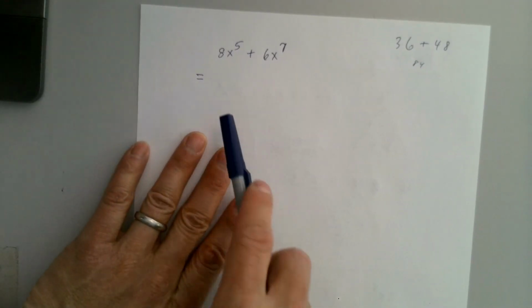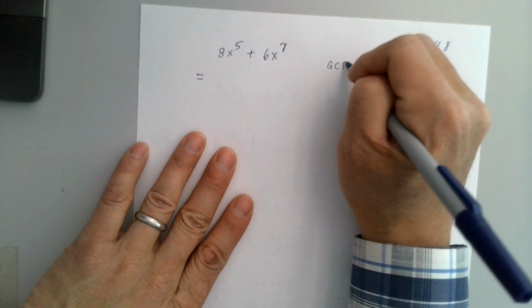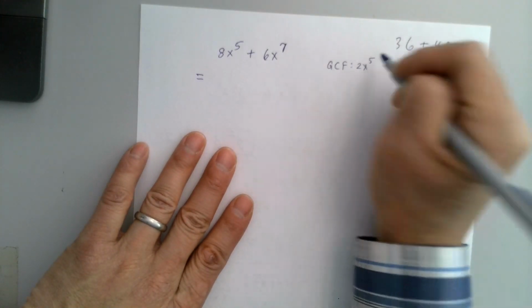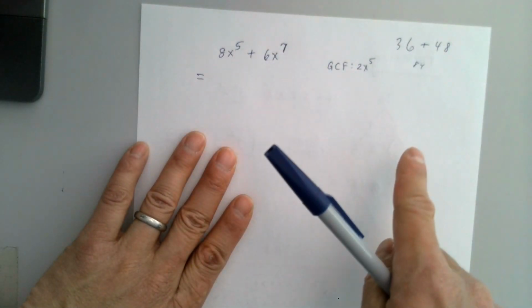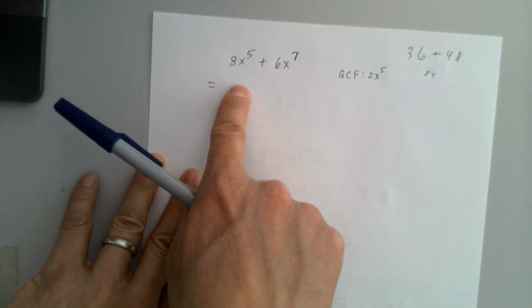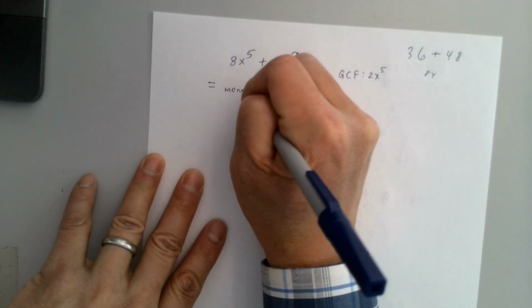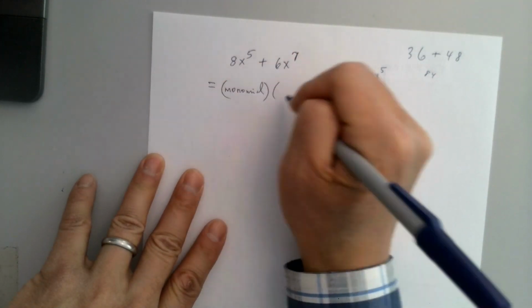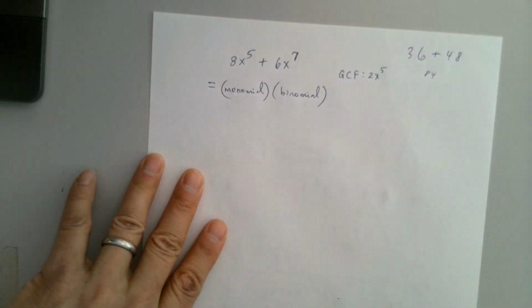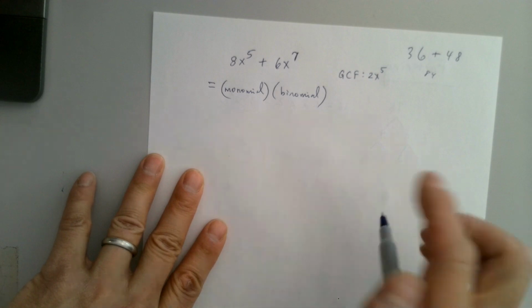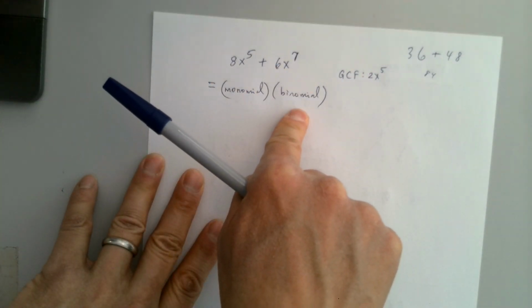Okay, now if I take the GCF, which we already found was 2x to the 5th, there's something I can do with this binomial that I can't do with just plain old numbers. I can express this binomial as a monomial times a different binomial.